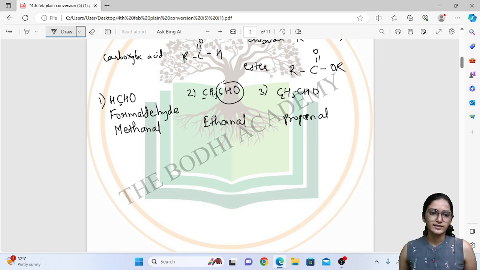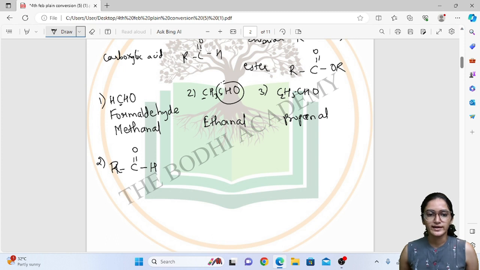Then if you talk about ketones, if I have this compound H–C double bond O–H, to form a ketone we should have an R group on either side of the carbon, but here we have H, so this is very unstable and will not form.